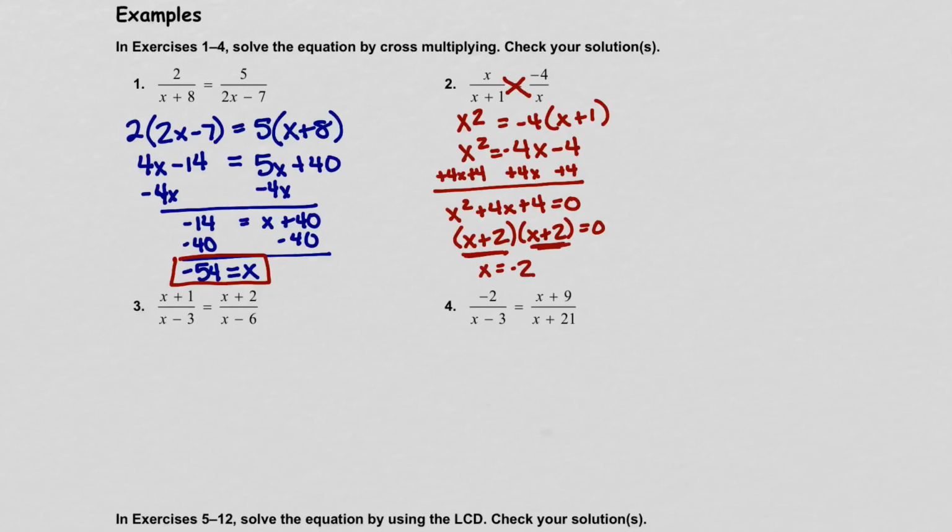If I solve this one, I get x equals negative 2. Then you plug it in to check. The main thing to check is that these denominators do not become 0. If this was a negative 1, that denominator becomes 0, and if this was 0, it becomes 0. Well, it's not. It is a negative 2, so that works out.